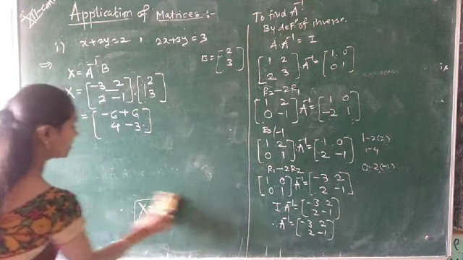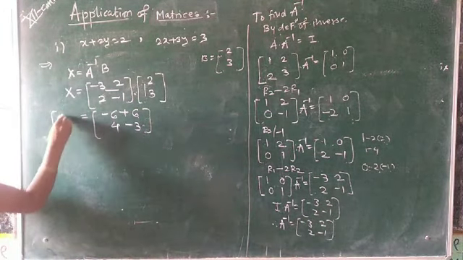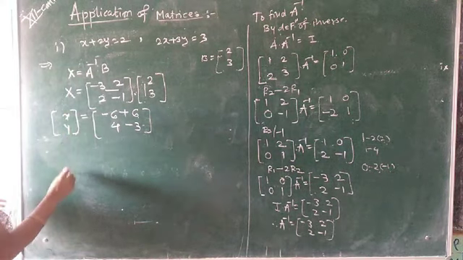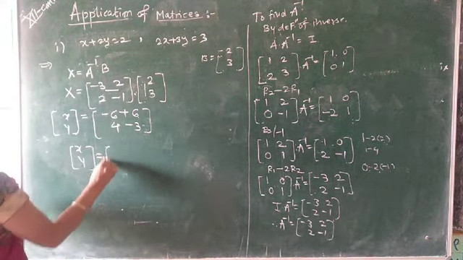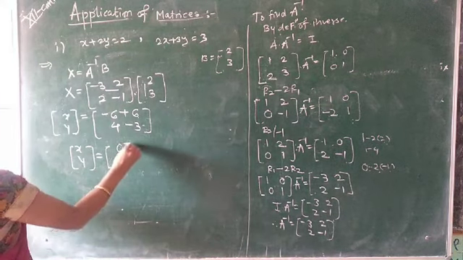And X means what? X means our matrix, that is X1. Minus 6 plus 6, 0, and 4 minus 3, 1.